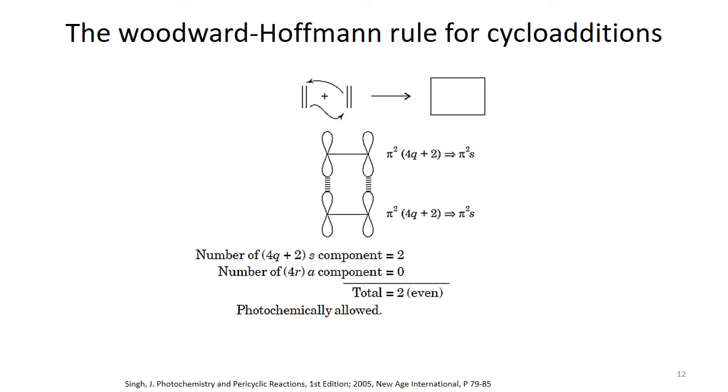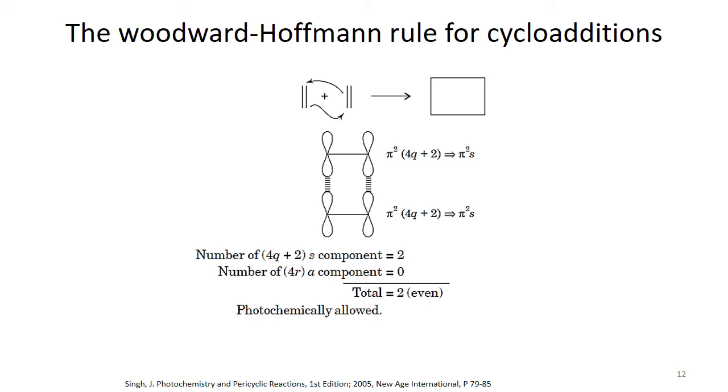We are saying that supra-supra interaction can help to obtain cyclobutane. The number of 4q plus 2s components is 2, and the number of 4r components interacting in an antarafacial way is 0. The total sum comes out to be 2, that is even, so this type of reaction is photochemically allowed.